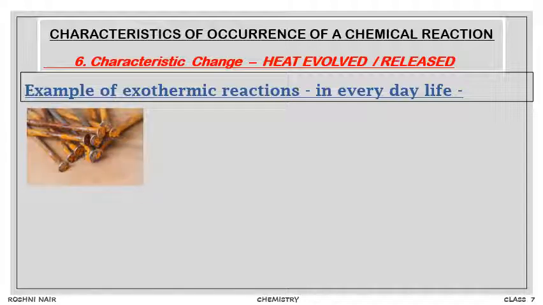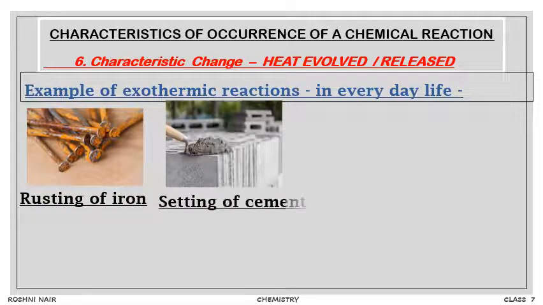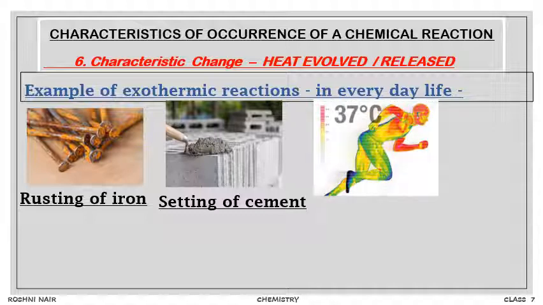Maybe this is rusting of iron, right? And you can say setting of cement. Can you see cement when it is set? There will be some type of heat which is released. And also our human body also has certain amount of heat which is released when you do any sort of work.